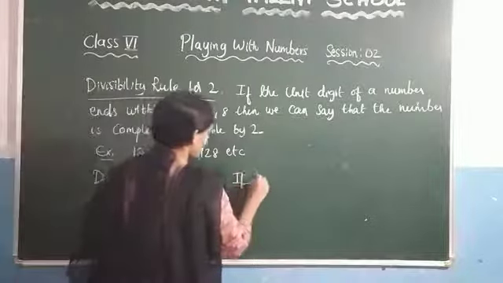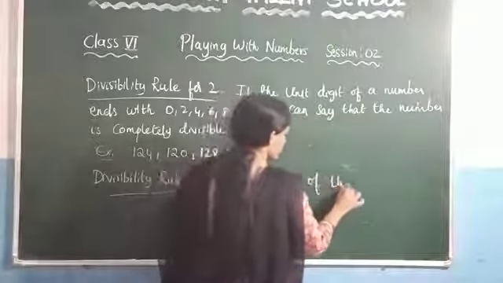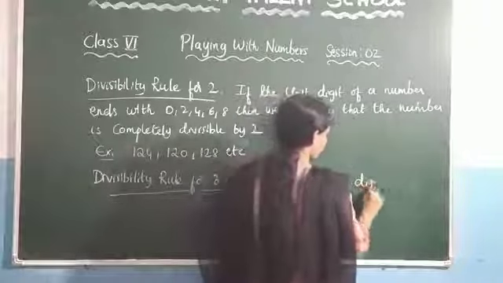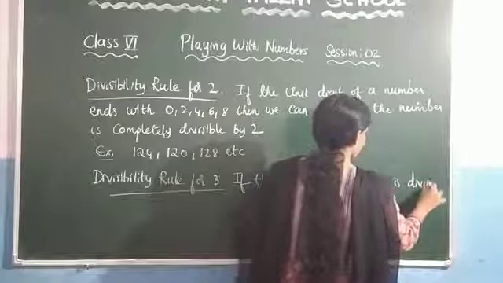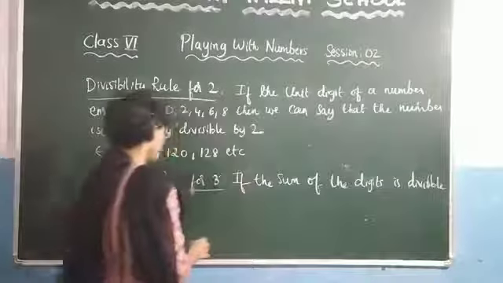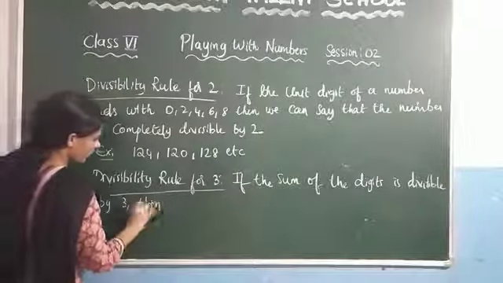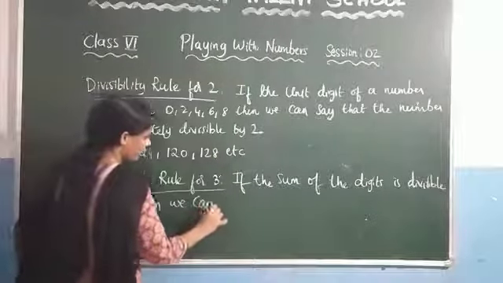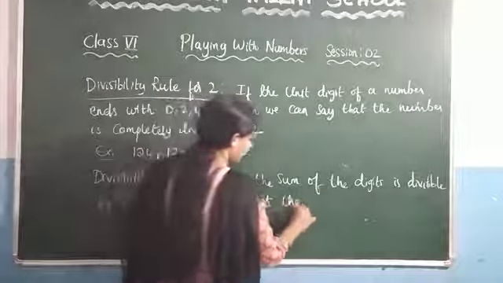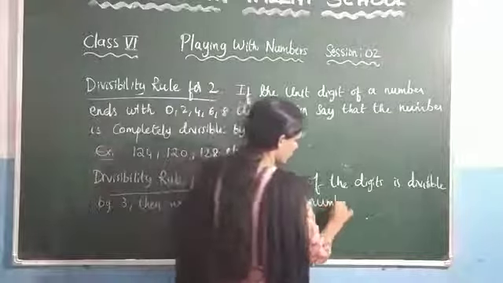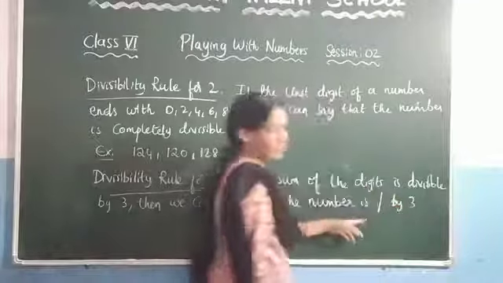If the sum of the digits is divisible by 3, then we can say that number is divisible by 3. Like this I am writing for divisibility.